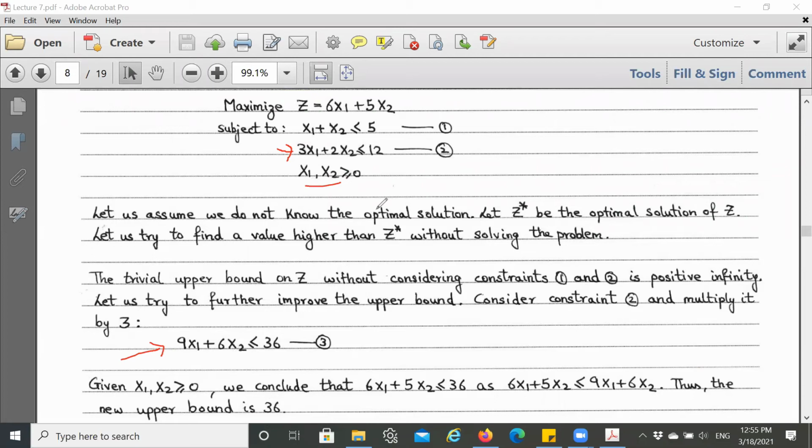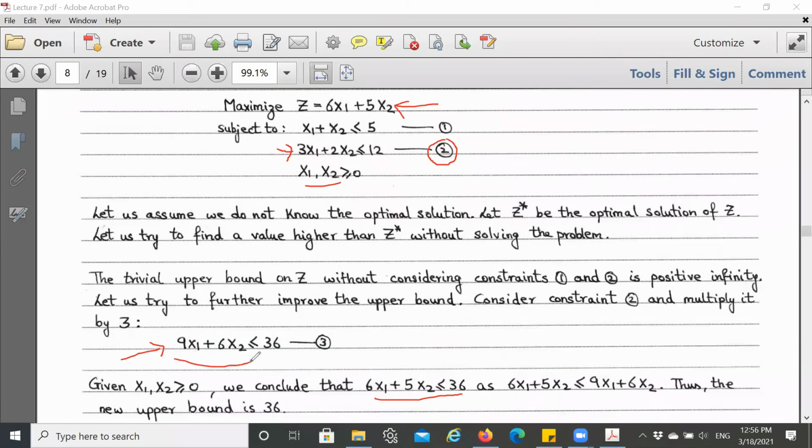So is it right that I can conclude that, given constraint number 2, the objective function is less than or equal to 36? Technically, yes. Why is that?